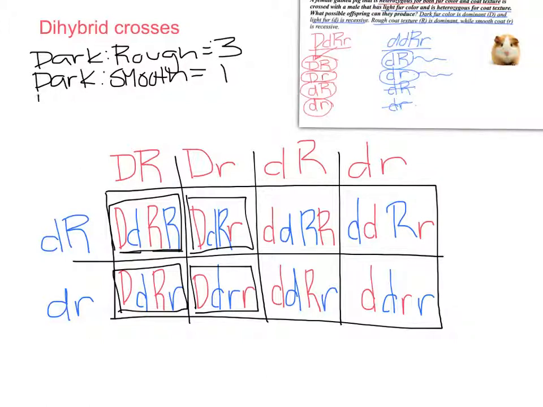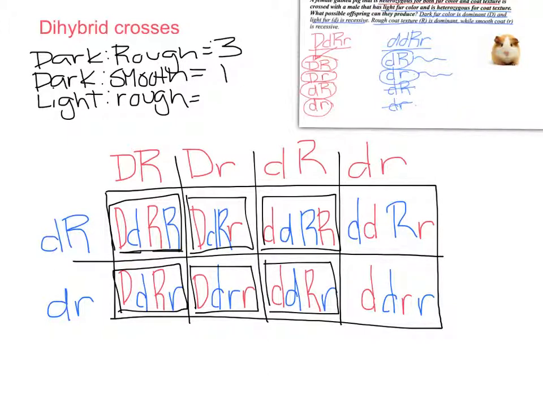So I've got light fur and rough texture. I've got light fur and rough texture here, light fur and rough texture here, light fur and rough texture there.